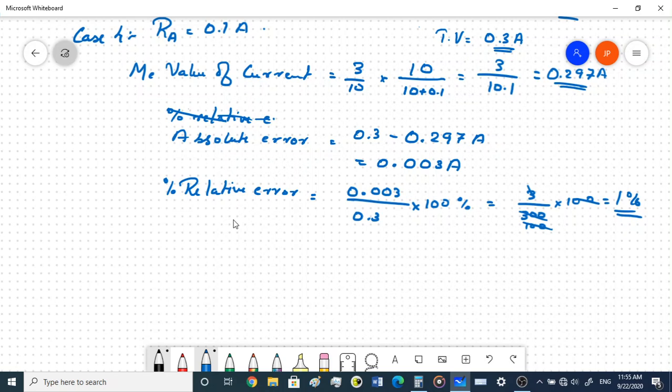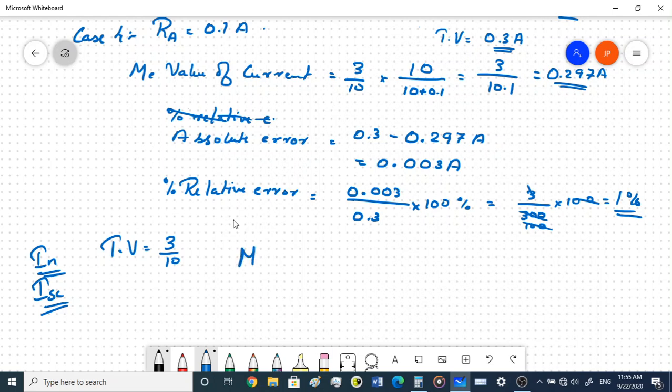So basically the general formula over here, we can write it as, we know the true value in this case was 3 by 10, which is the IN, or you can also say that is the short circuit current itself, right?